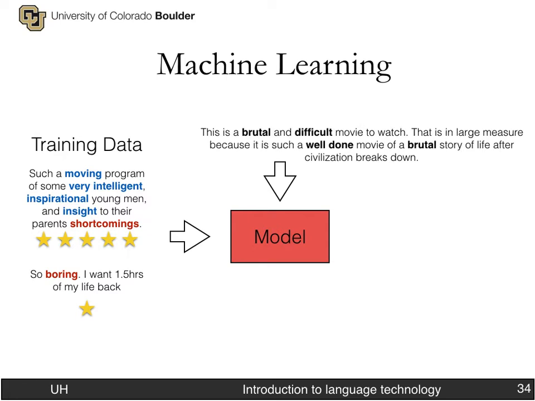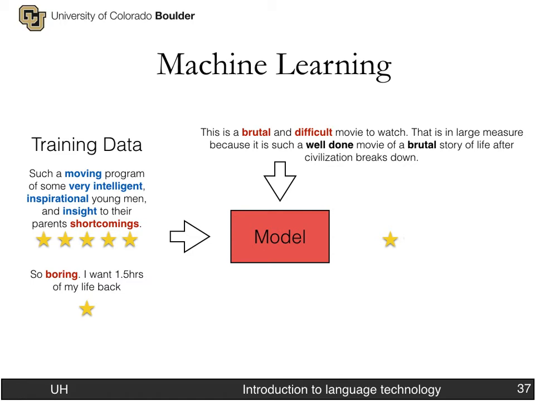So maybe it finds these words that it thinks are contributing to the score. And maybe it starts with a guess that the average movie should get approximately 2.5 stars. This is an initial guess, of course. So we look at the first word, brutal, here, which the system deems negative, so the score drops to 1.5.